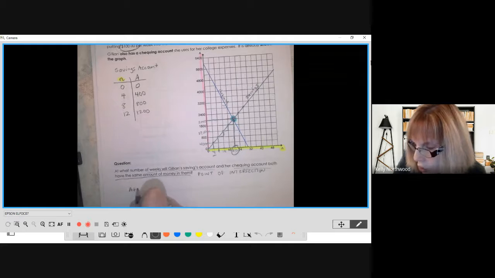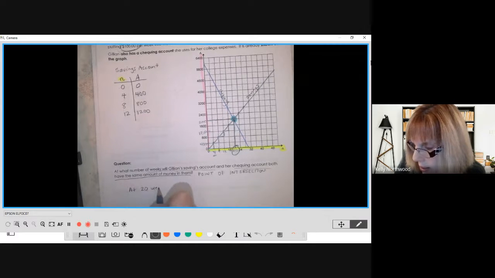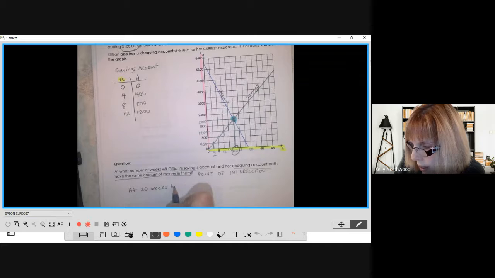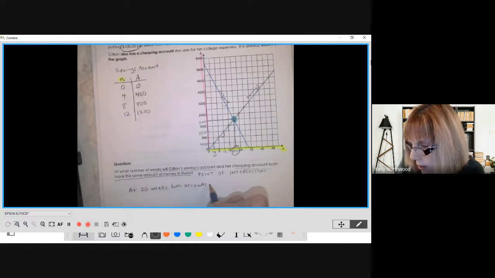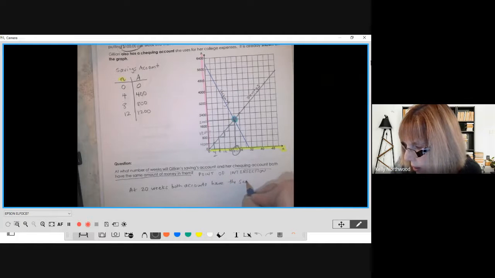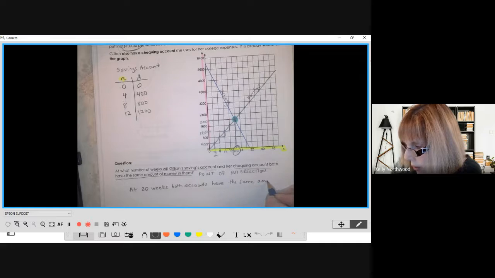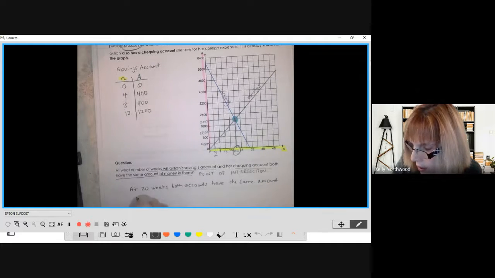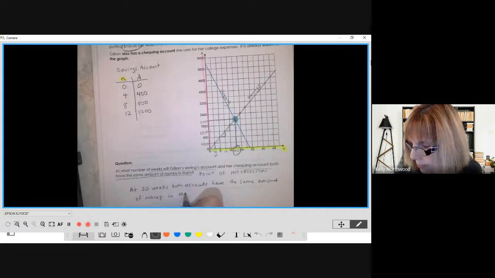So at 20 weeks, both accounts have the same amount of money in them.